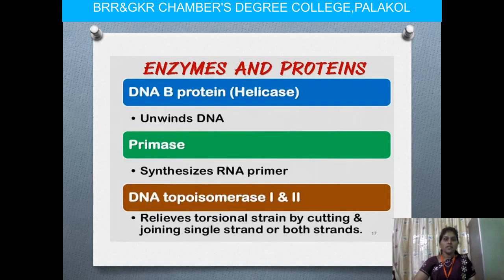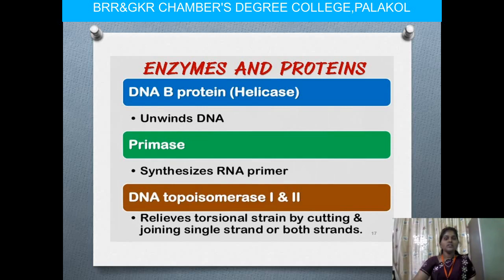We have different types of enzymes and different types of proteins. First, DnaB protein, which is called helicase. It unwinds the DNA. The next one is primase. This is used for the synthesis of RNA primers for the extension of the strand. The next one is DNA topoisomerase 1 and 2.